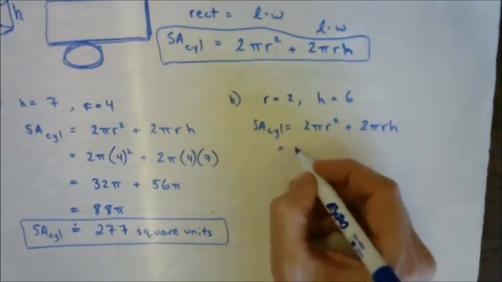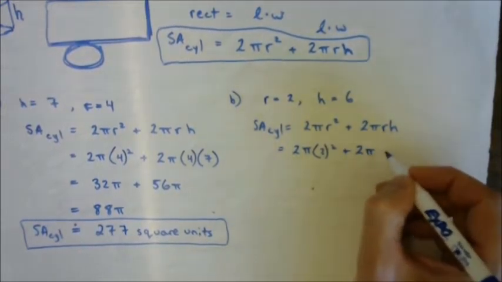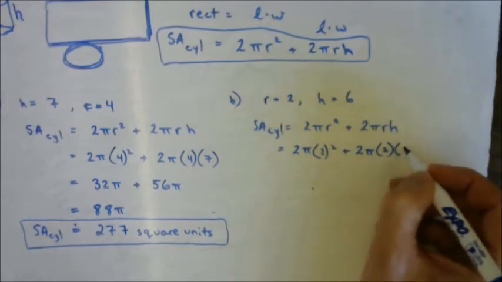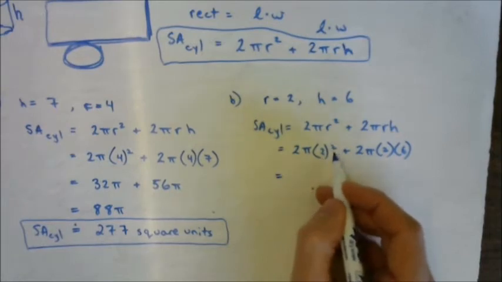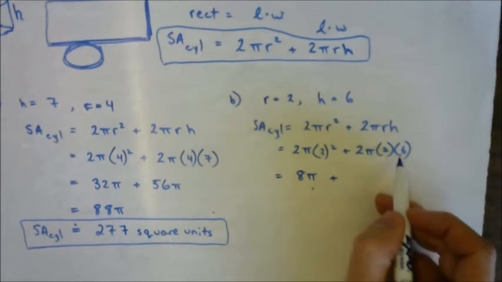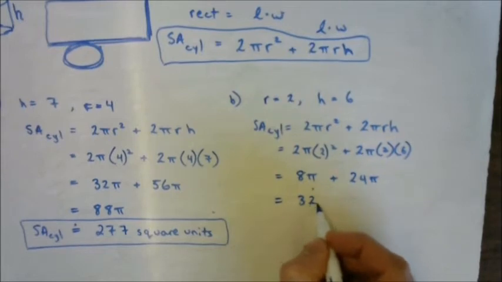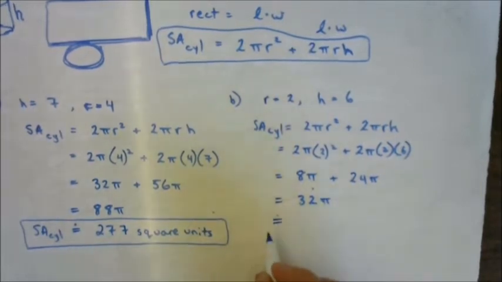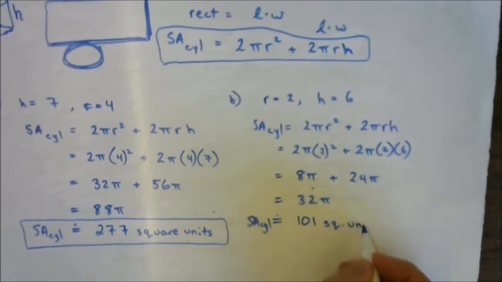Plug in your numbers. 2 pi 2 squared plus 2 pi times 2 times 6. 2 squared is 4, times 2 is 8, so you've got 8 pi. 2 times 6 is 12, times 2 is 24 pi, which gives you a total of 32 pi, which is approximately 101 square units.